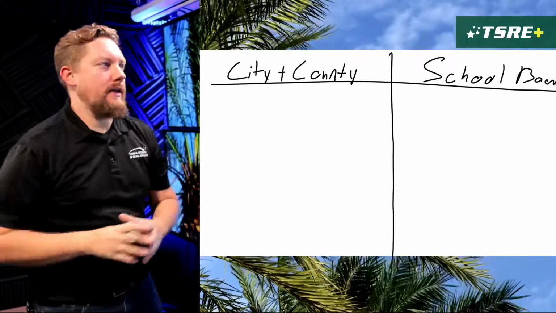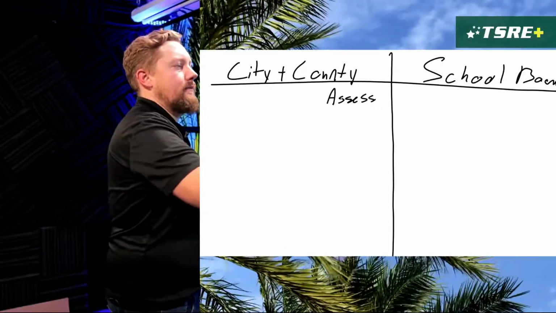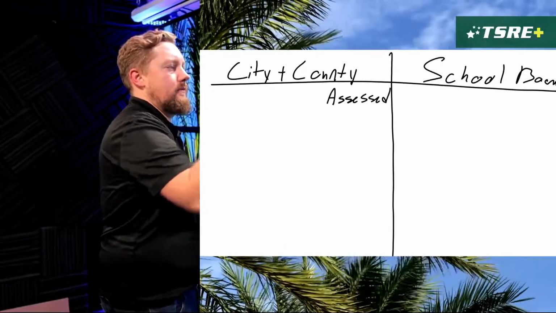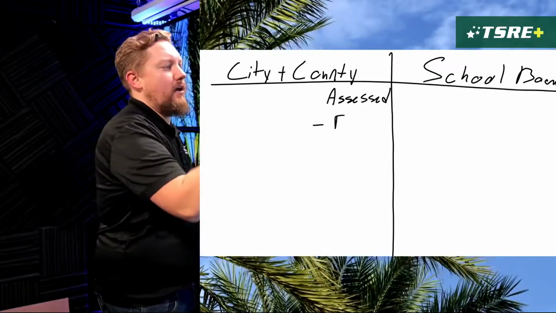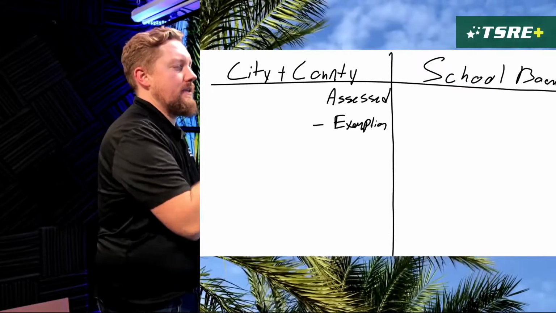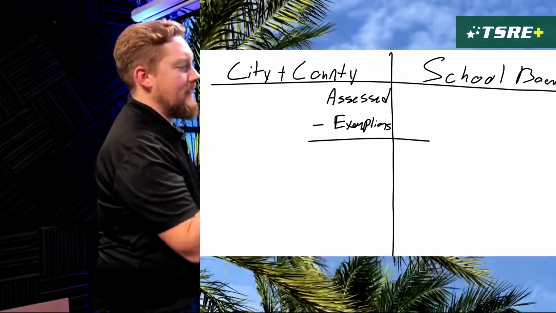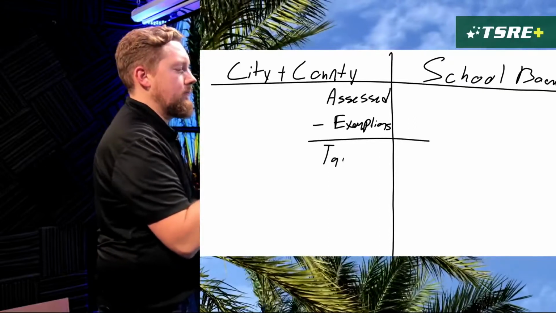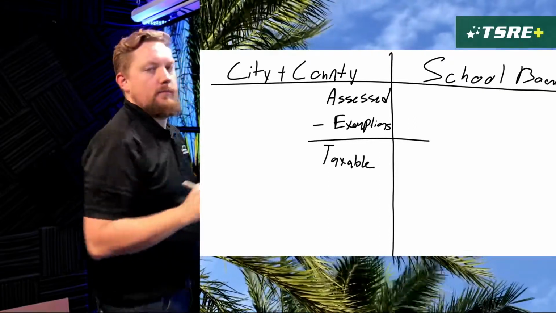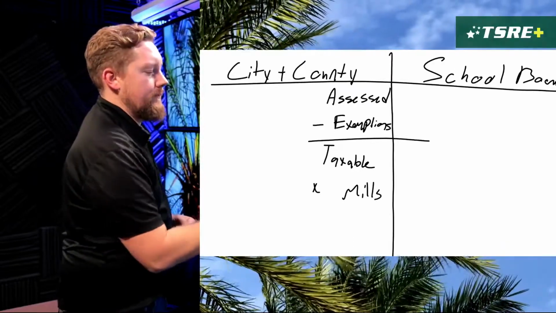Now, ultimately, when it comes to solving this, we're going to take the assessed value. We're going to subtract out any exemptions. We're going to keep it super basic in this example. That's going to give us what's taxable. And then we're going to multiply that by the mills.